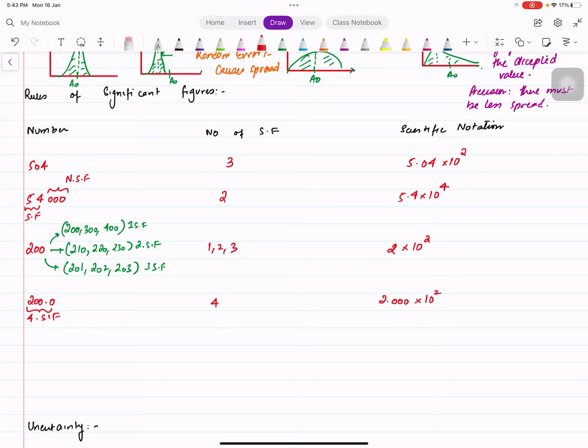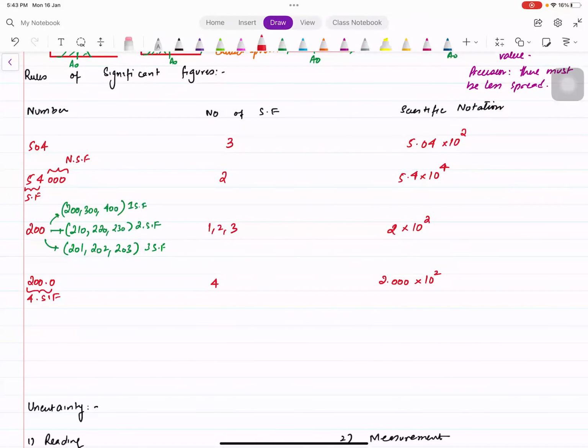Understood? Otherwise, he's not writing anything in vain. So he wants you to include every value that is there.